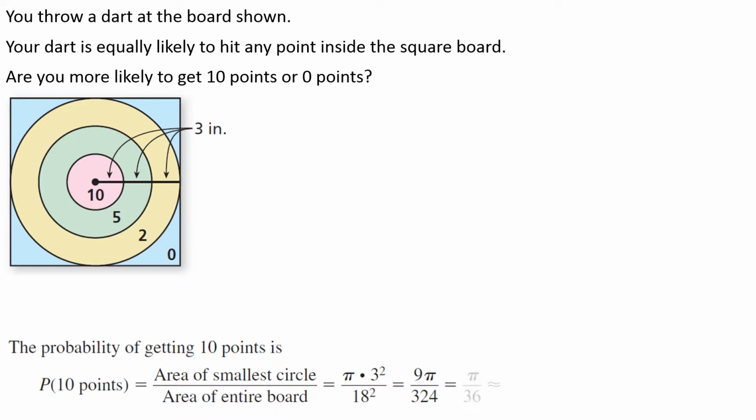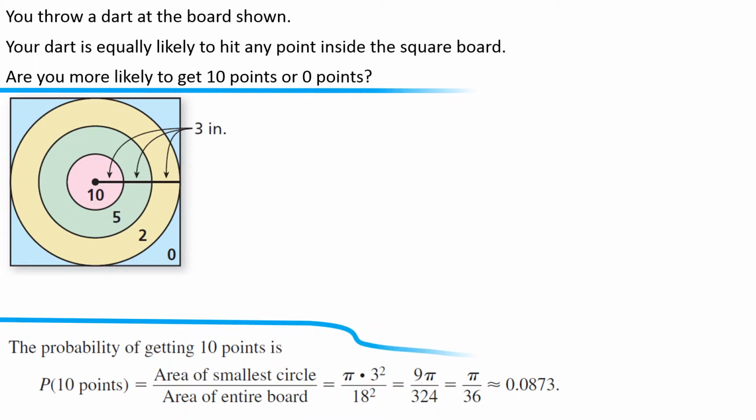So maybe you recognize that 9 over 324 reduces to 1 over 36. If not, just do 9 times pi divided by 324. It'll be the same as pi divided by 36. It comes out to be approximately 0.08.